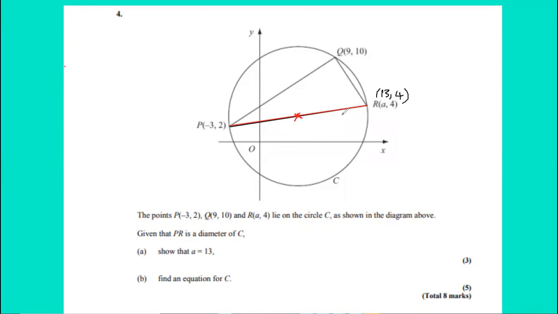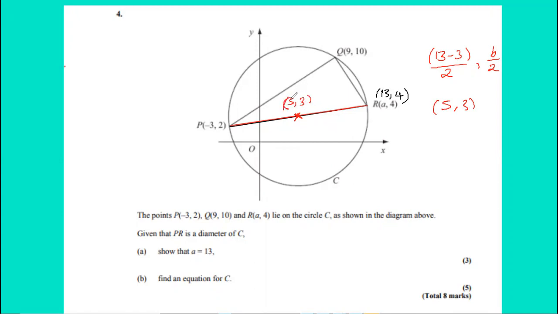So you add your x coordinates together, so 13 plus -3, and then you divide that by 2. And then you have 4 plus 2, which is 6, divide that by 2. So here we've got 10 over 2, which is 5, and 6 over 2, which is 3. So our center is (5, 3).